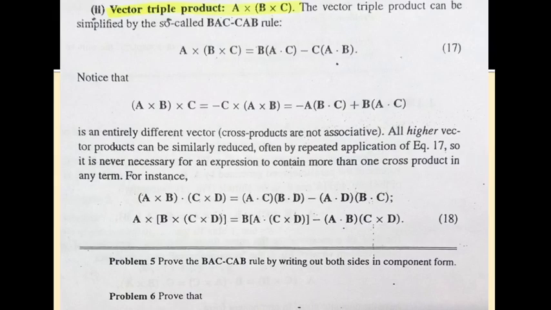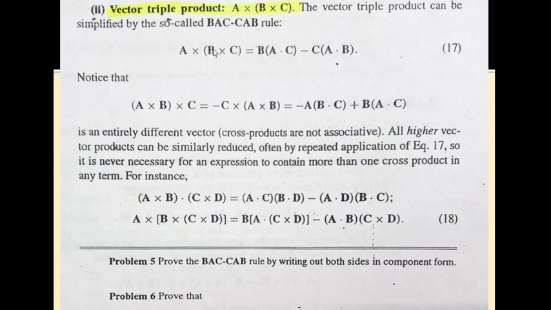So the vector triple product: the earlier one was the scalar product, now it's a vector product. So it's A cross B cross C, and it is a very well known rule known as the BAC-CAB rule.